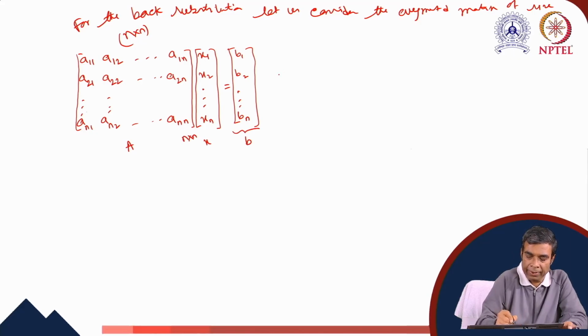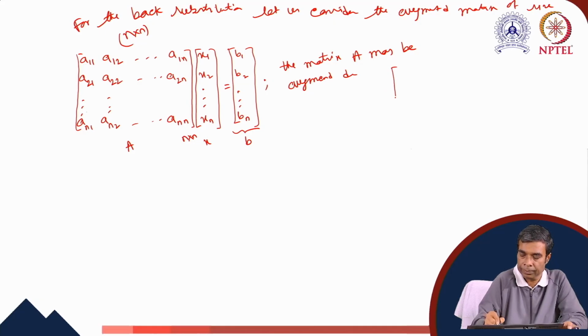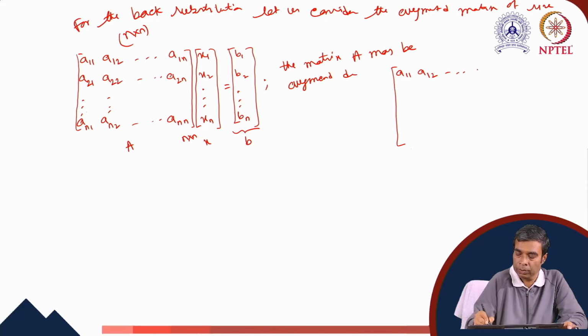So we can rearrange the matrix A, augmented, as A11, A12, A1n, A21, A22, A2n, An1, An2, Ann.